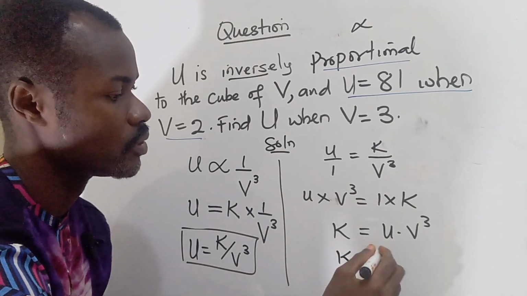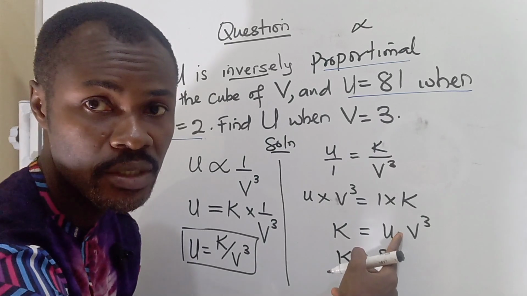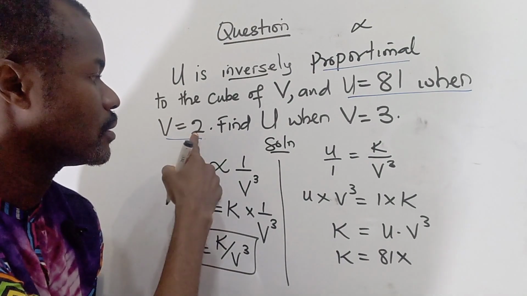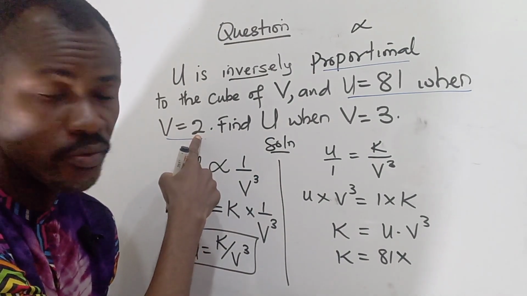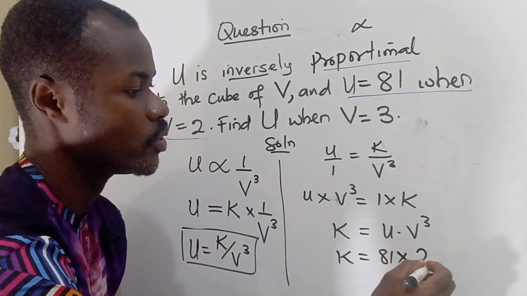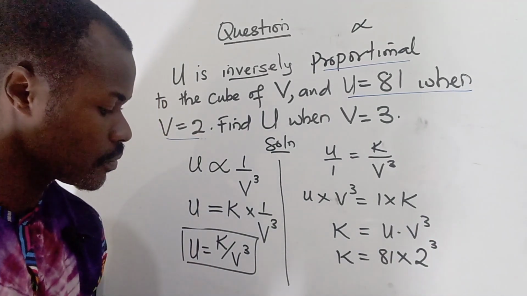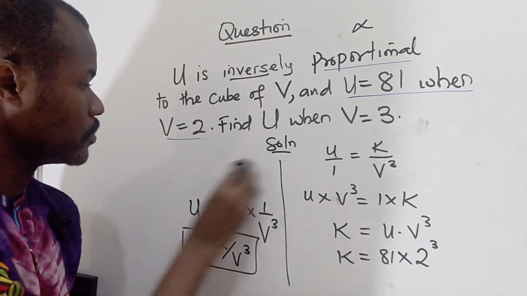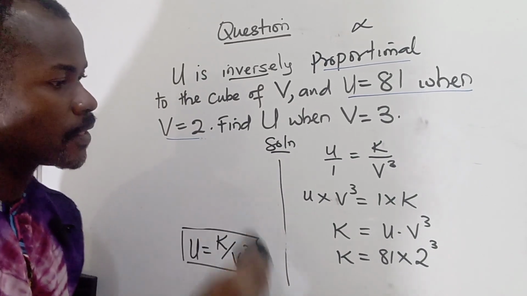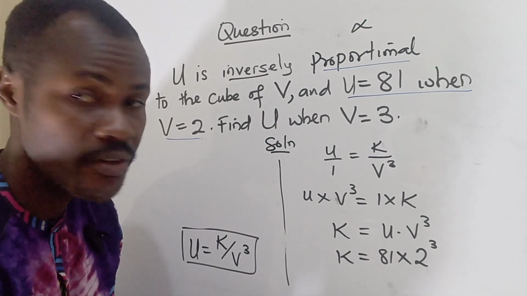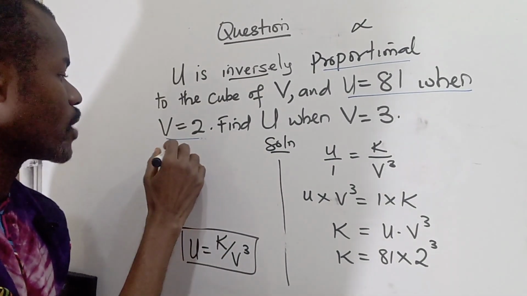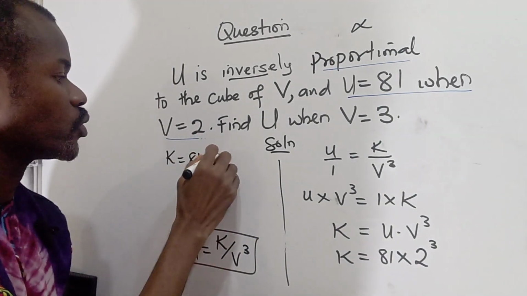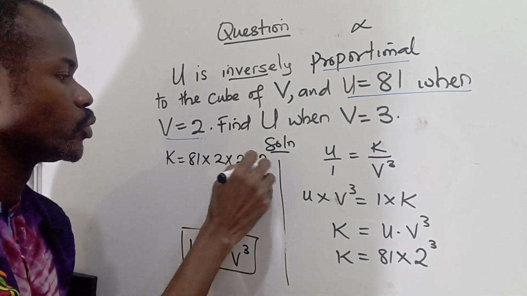So now let's get the value of k using u as 81. So k equals 81, remember the dot means multiplication, times v cubed. So for v cubed, I'm going to substitute v as 2. So 2 raised to the power of 3 means 2 times 2 times 2.